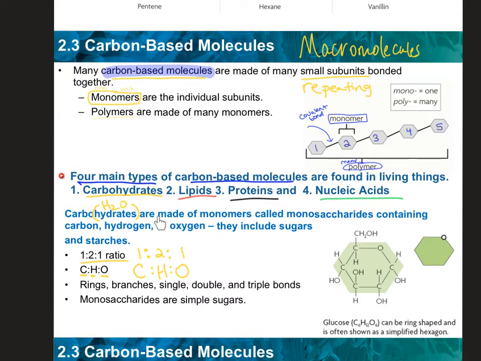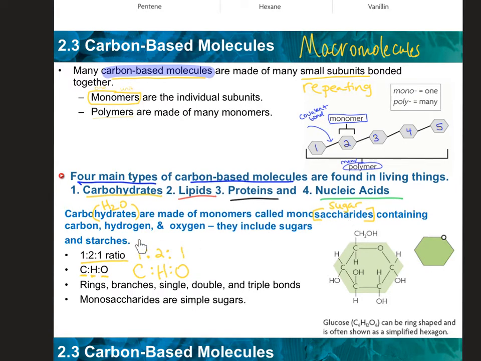So let's read this together. Carbohydrates are made of monomers. These monomers are called monosaccharides. So saccharide is kind of a different word for sugar. So a carbohydrate is made up of monomers called monosaccharides.